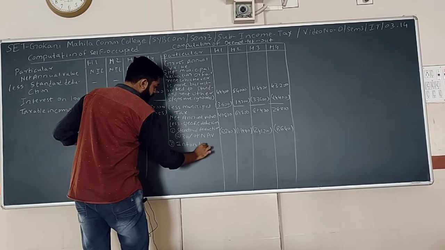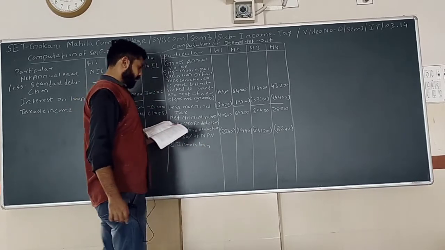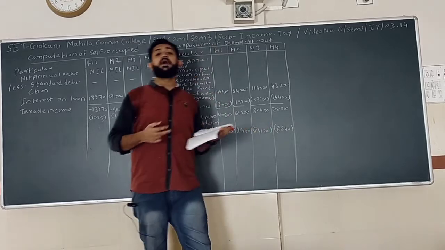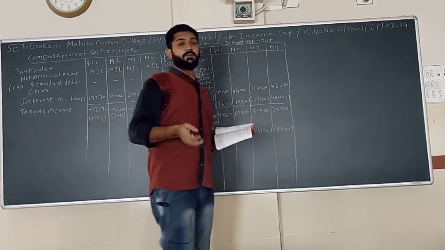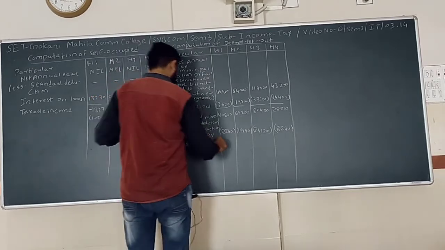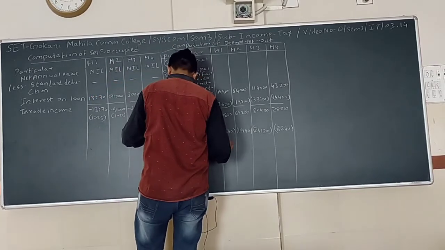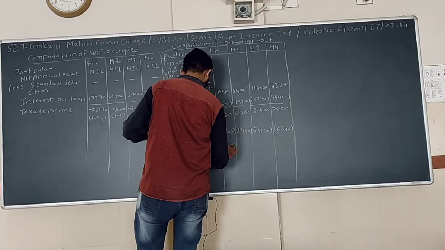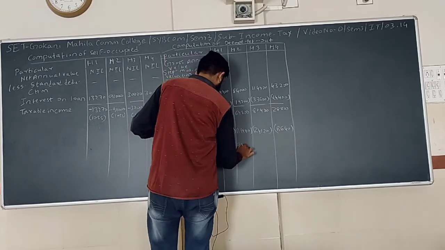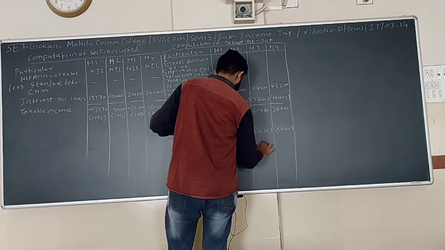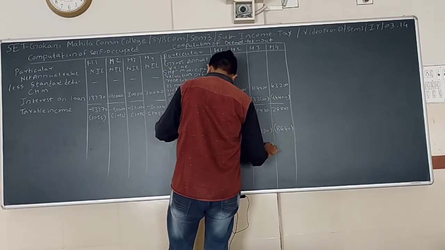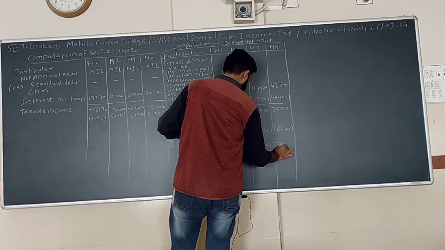Interest on loan. Here we are taking the loan for construction or repair purposes. So for the interest amount we are going to get a deduction: 30,270, second 91,000, the third one is 65,000, and the fourth one is going to be 96,000.